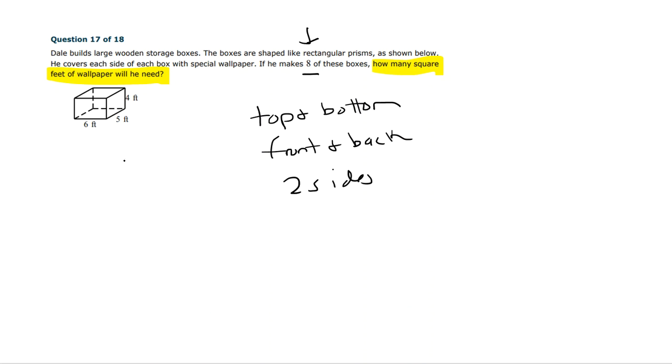Okay, so for the top and bottom, the area of the bottom is 6 times 5, which is 30, and there's also a top. So that's going to be 30 plus 30. For the front, okay, for the front we have a 6 by 4. So that's going to be 24. For the back, it will also be 24.